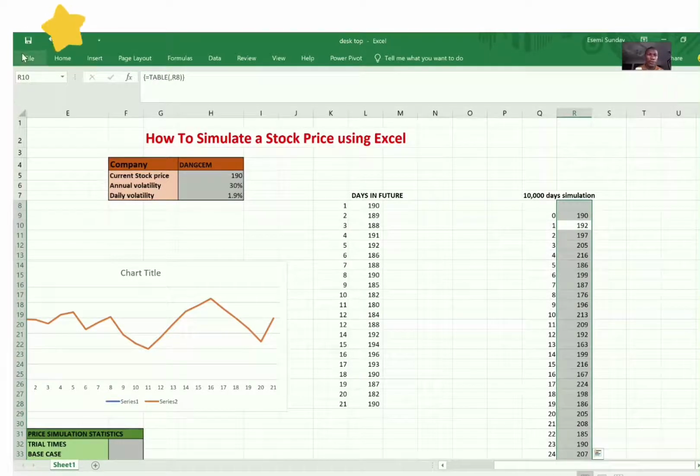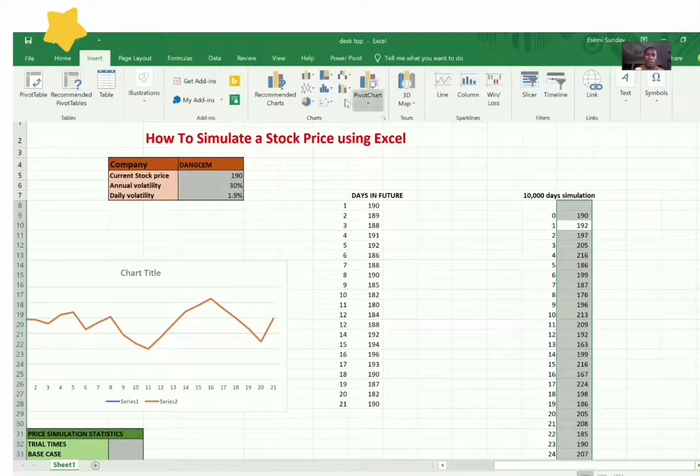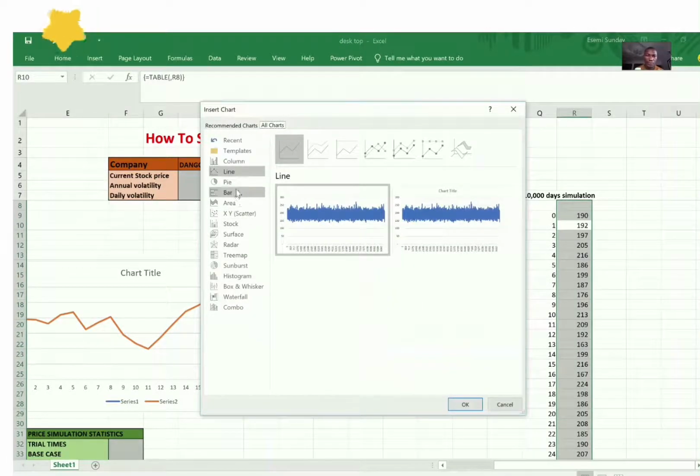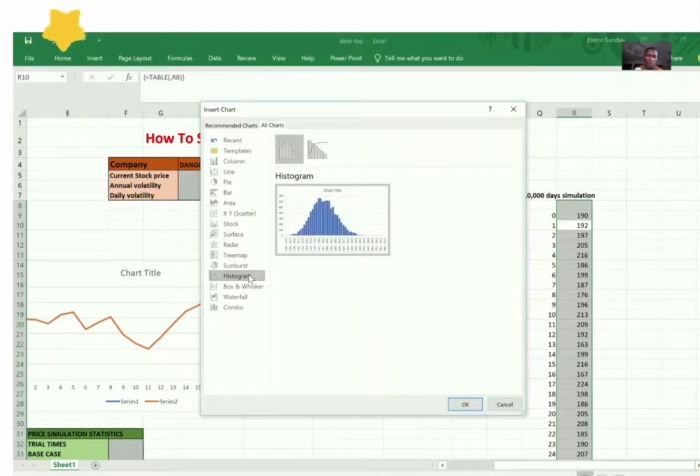All right, so insert the histogram again. Let's come over here and say more, and then you bring in the histogram. It's our histogram. All right, perfect.